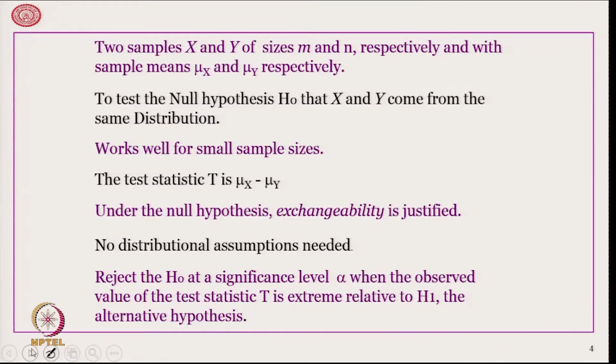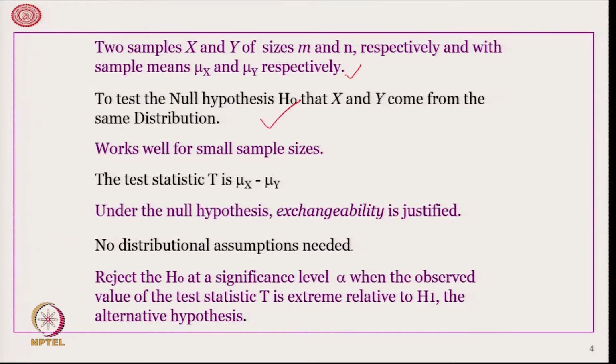So, the background is very familiar. We have two samples x and y of sizes m and n, and with sample means mu x and mu y respectively, to test the null hypothesis H naught, that x and y have come from the same distribution. So, it is the same problem.